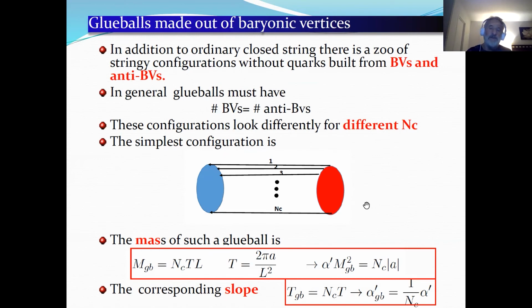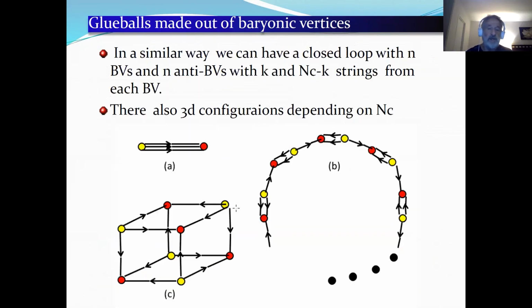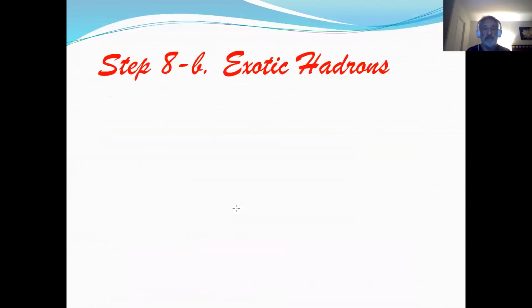There are all kinds of lattice simulations where they find globals at various different NCs that are roughly the same, with small deviations. But if they find this kind of configuration, then there will be a dramatic difference as a function of NC. With some imagination, you can also have additional globals from these baryonic and anti-baryonic vertices.